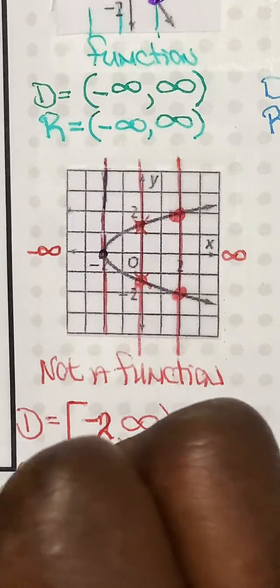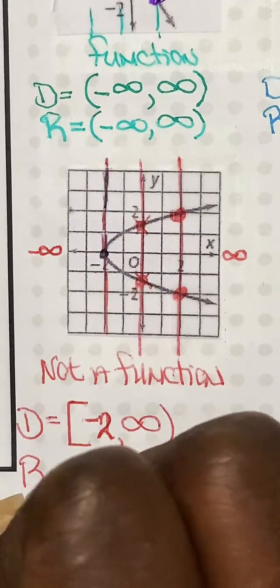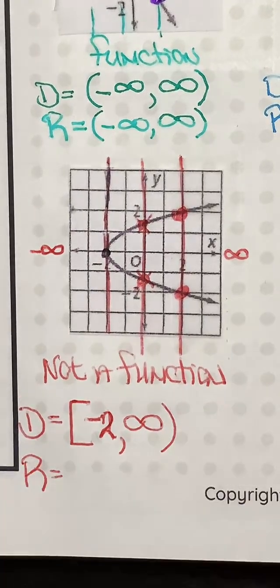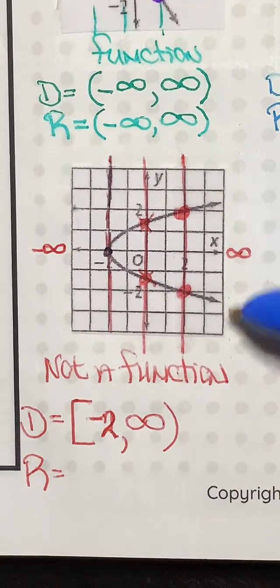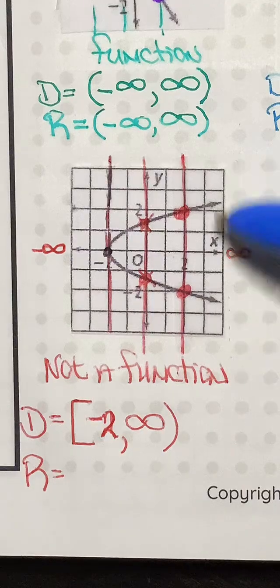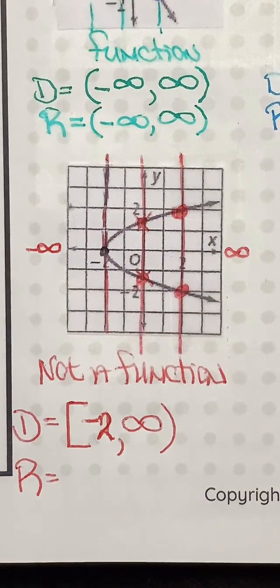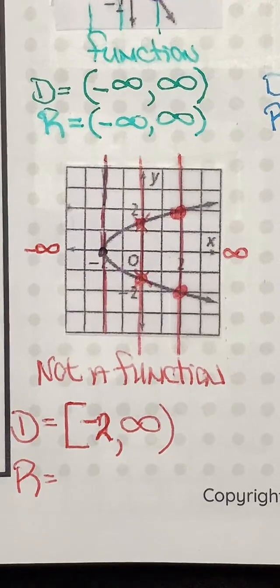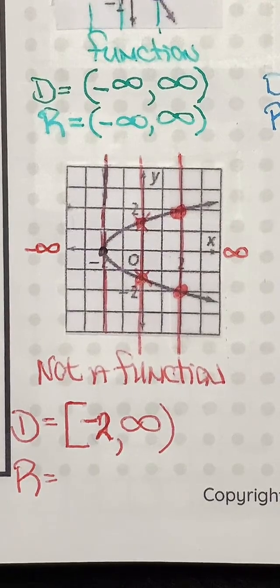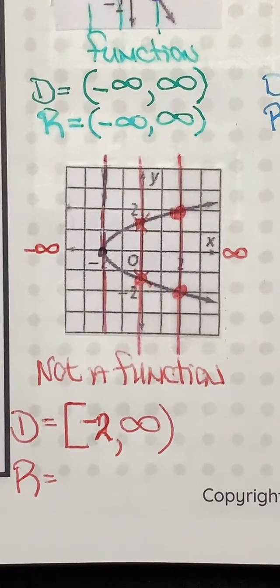But now our range. What's going on with our range, our y's? What do you notice? Okay, so Michael's saying from negative infinity to positive infinity.